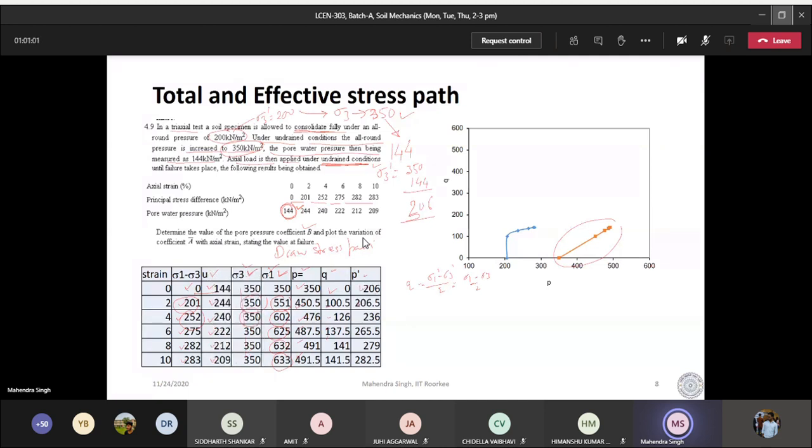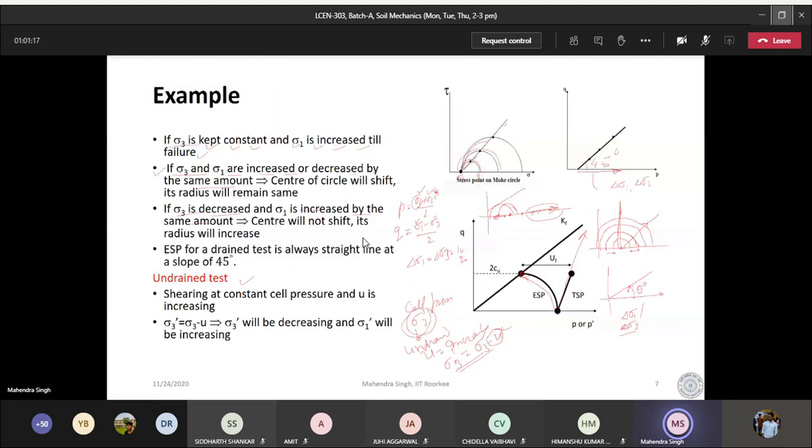I have made one column here which calculates these effective stresses. So the effective stress path goes like this. This is the way you can plot the effective stress path and total stress path. And you should be able to give me the answer if I give you the conditions that the effective stress path is moving in this direction, in this direction, in this direction, or in this direction, what is happening.